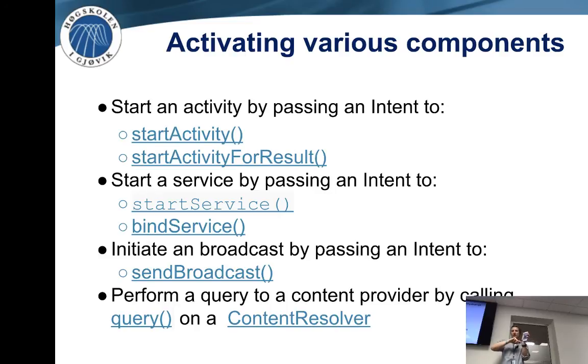Usually you pass the data into the call, so you can do start activity and pass data to the new activity by bundling it up inside the intent, but you cannot get any information back when this new activity is killed or closed. But with start activity for result, when this activity is killed, there is a bundle which is being passed back to the activity which called it. So you can pass the data between. And that's what we need to use for the lab to pass data from activity 3 to activity 2.